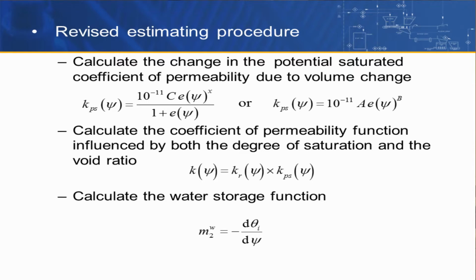And then after we have the saturated coefficient of permeability and the relative coefficient of permeability, by multiplying them together, we have the coefficient of permeability function for high volume change materials, and we are considering both degree of saturation and the void ratio. And the water storage function is obtained from the instantaneous volumetric water content.